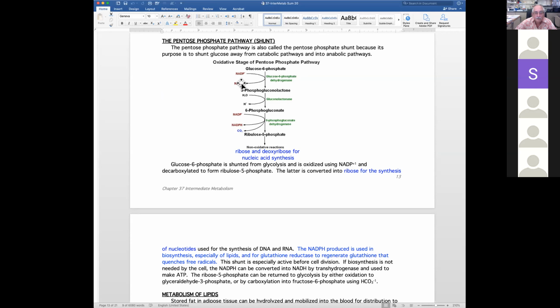Because you need it for biosynthesis. Another enzymatic step, and then another place where you're making NADPH, and you end up with ribulose 5-phosphate. But that can be turned into ribose and deoxyribose for synthesizing nucleic acids. At the same time, the NADPHs are going to be used for biosynthesis of whatever else might be needed.